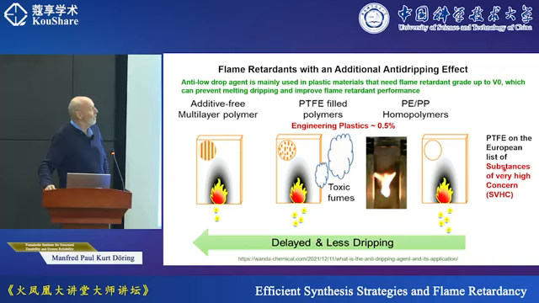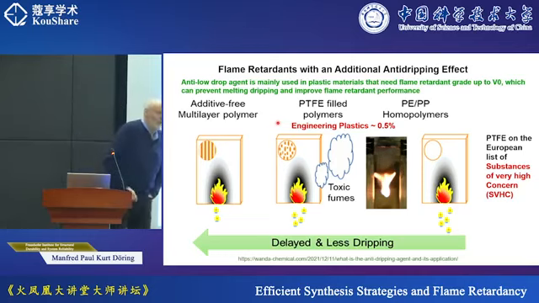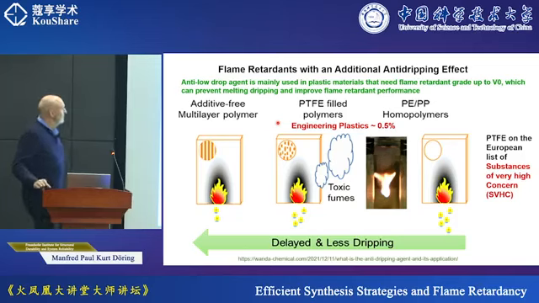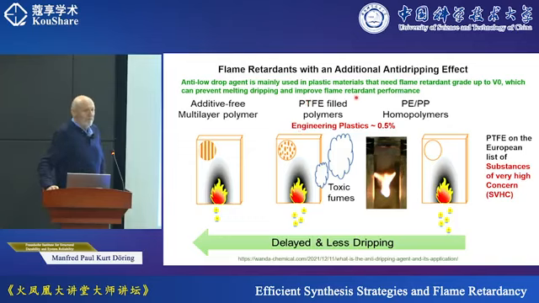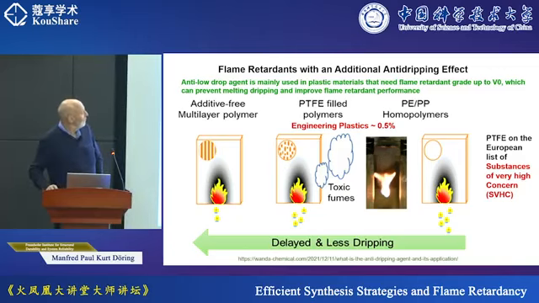And one of these compound classes is fluorinated oligomers and polymers. And PTFE is Teflon, well known. Polytetrafluoroethylene, PTFE, is incorporated in a lot of industrial flame retardant polymers in a very small amount, about 0.5%.